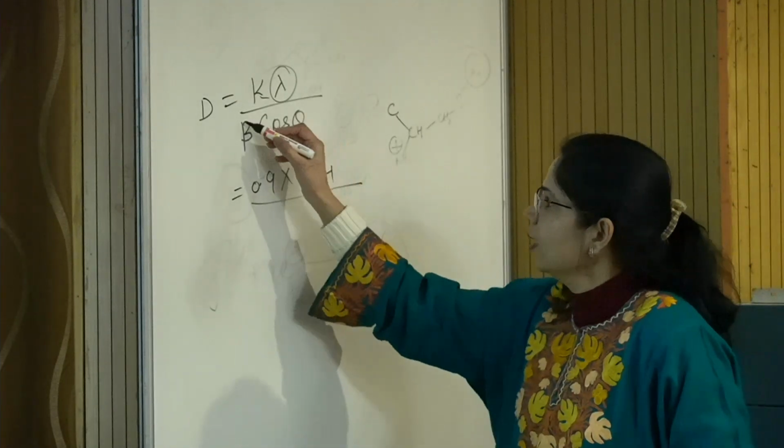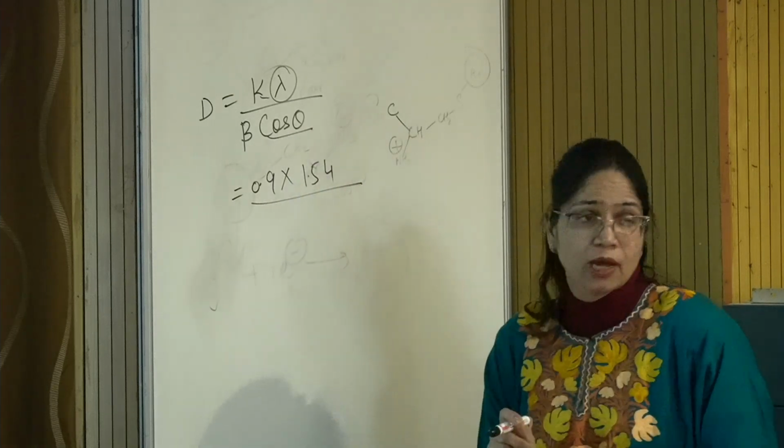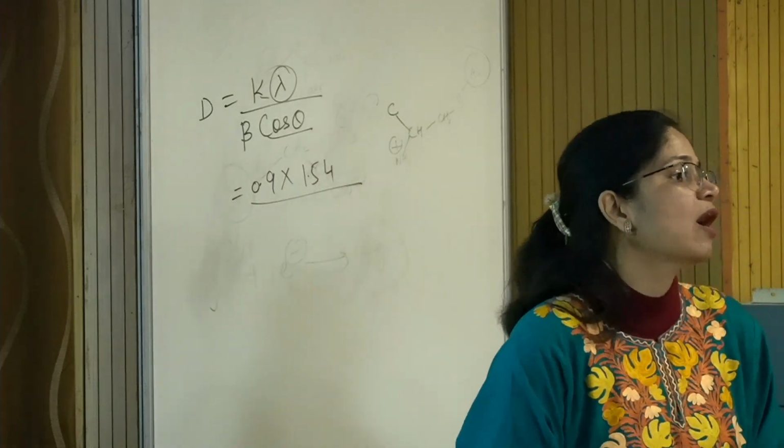So next is beta, and then cos theta. What is beta? Beta is the full width at half maxima.